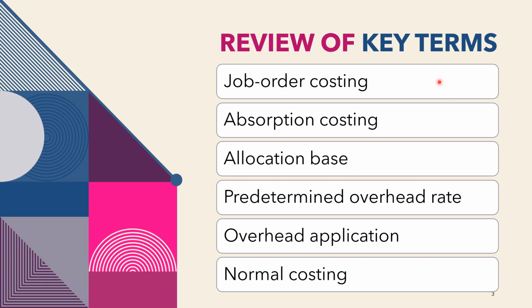Do you still remember job order costing, absorption costing, allocation base, predetermined overhead rate, overhead application, and normal costing? To start this lesson, we are going to review the key terms first.